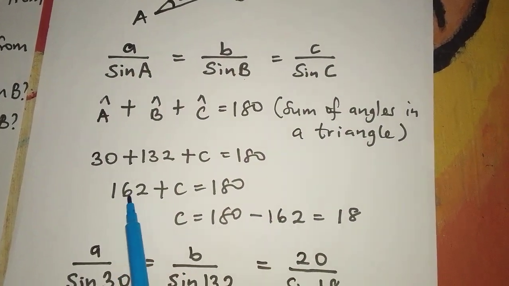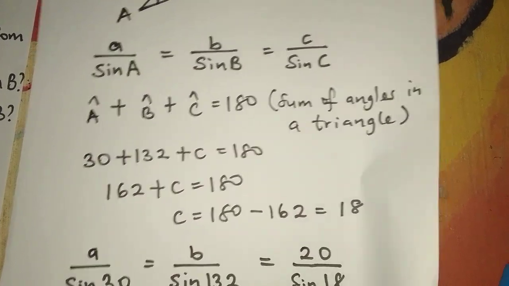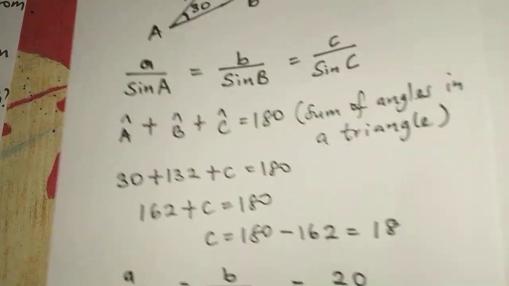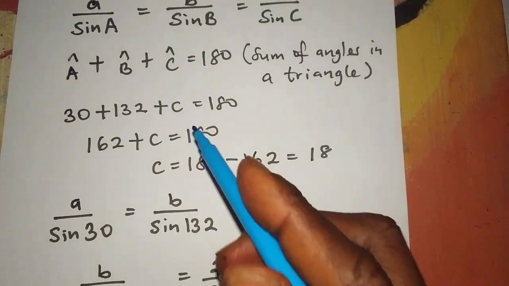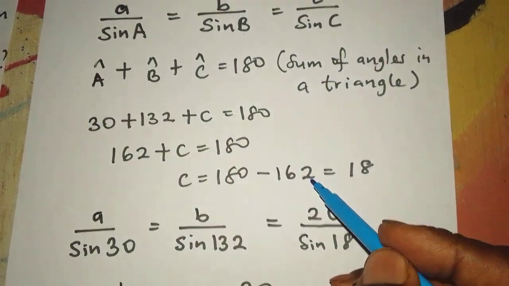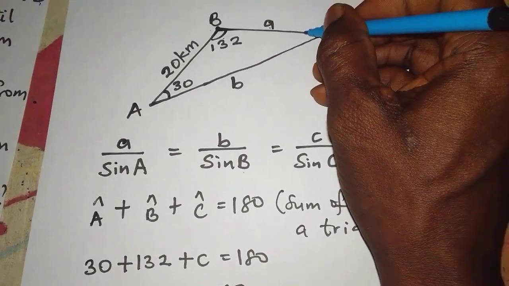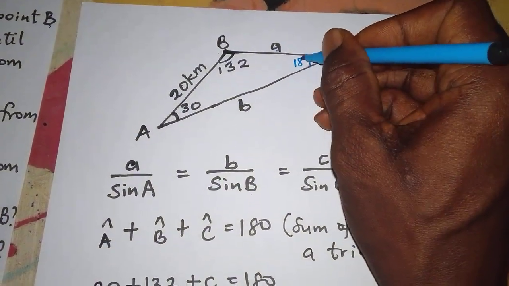So 30 plus 132 is 162. 162 plus C is equal to 180. So your C will now be 180 minus 162, which is equal to 18. So the value of the third angle here is 18 degrees.